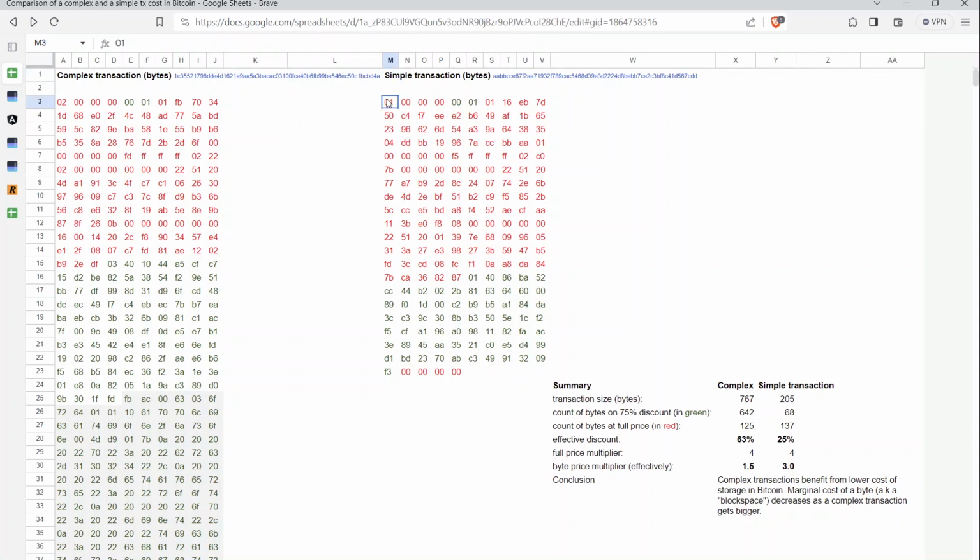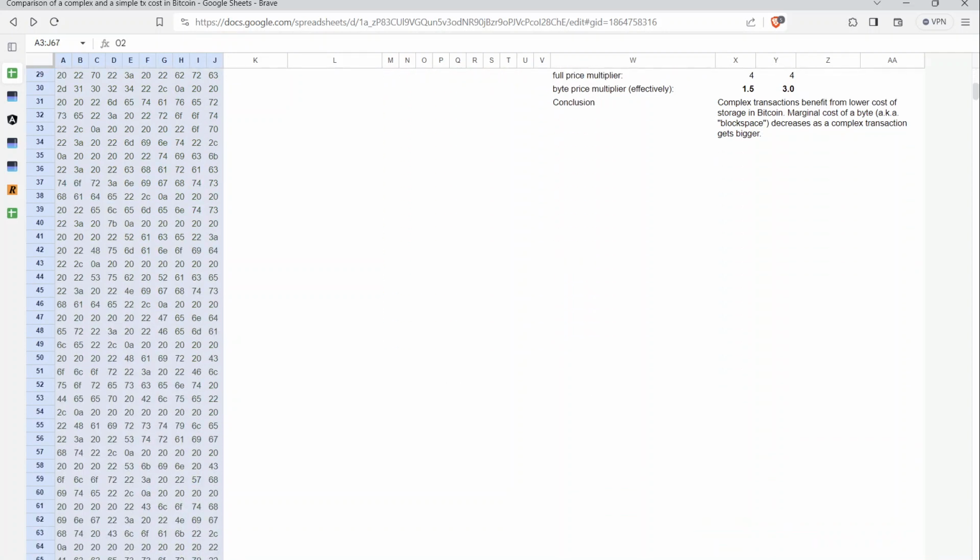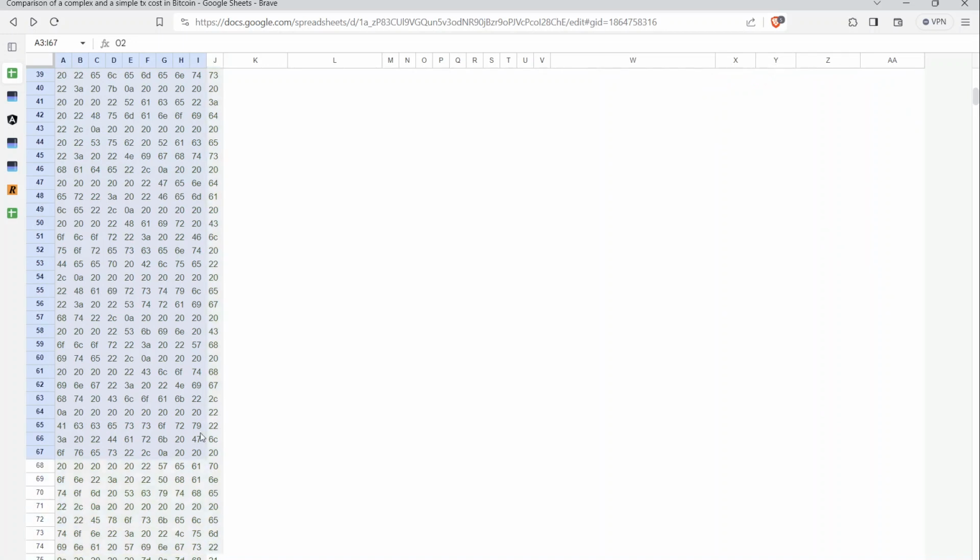So here we've got the complex transaction and all the data that make up the transaction in hexadecimal form. And we've got also the simple transaction, which spans lower, also in hexadecimal form.